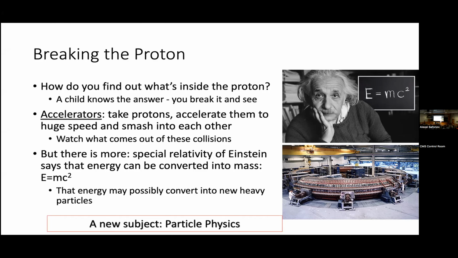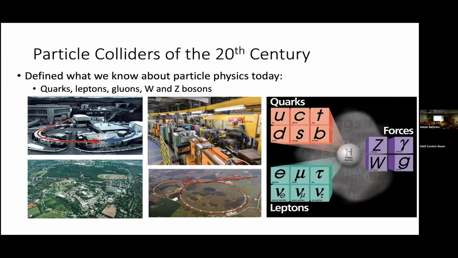The second you start talking about what's inside the proton, how things are holding together inside the proton, that's particle physics. And particle colliders, there have been several dozen different particle colliders in the 20th century that basically defined everything we know about particles.